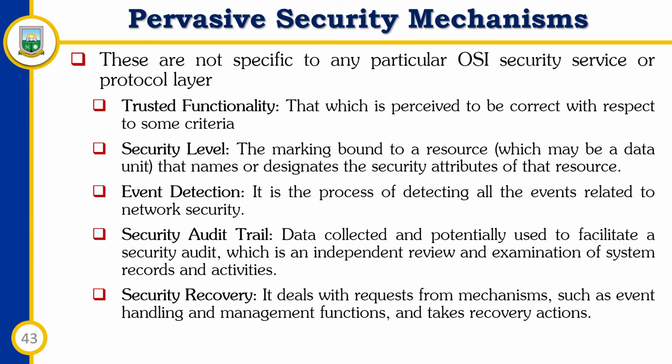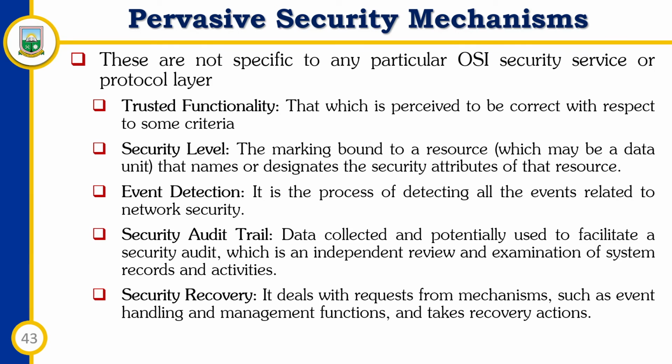The first one is trusted functionality. With that, the general concept of trusted functionality can be used to either extend the scope or to establish the effectiveness of other security mechanisms. So any such functionality that directly provides access to security mechanisms should be trustworthy.